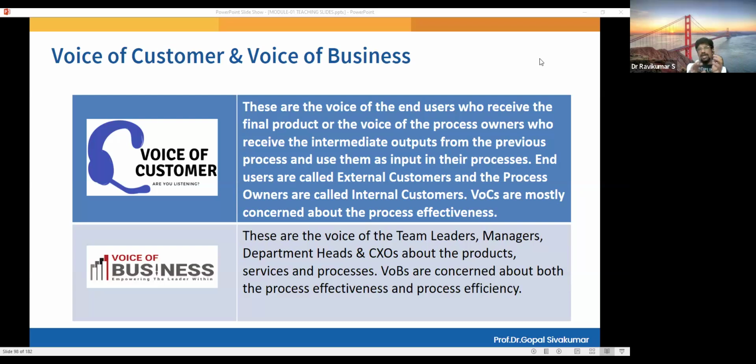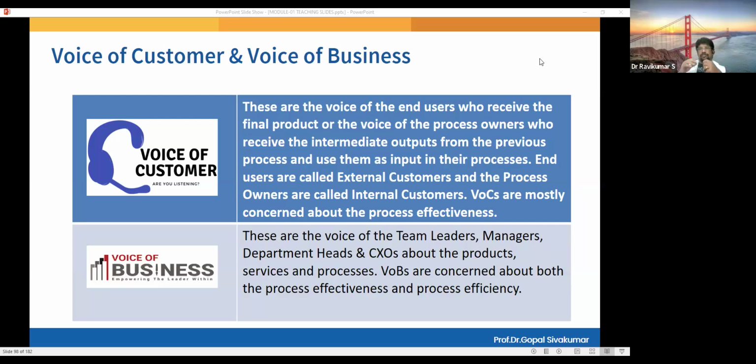This is what we mean by internal customers. Joseph Juran, one of the quality gurus of total quality management, introduced this concept of internal customers. If you are able to identify the internal customers and satisfy them, obviously that will lead to an increase in quality. That is what he tried to promote.